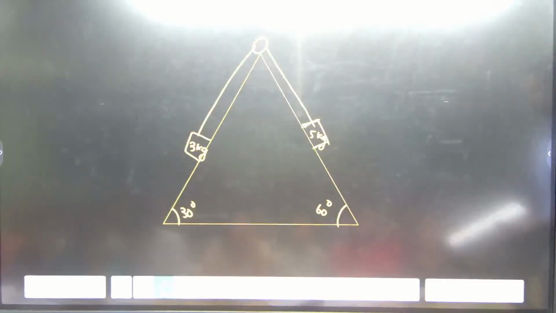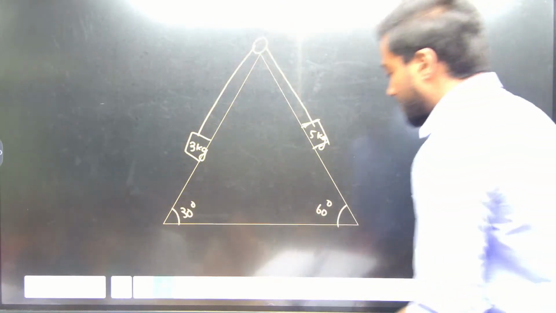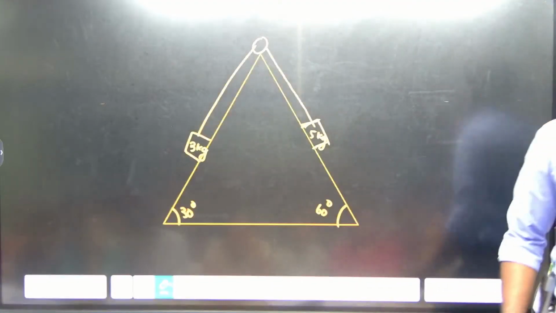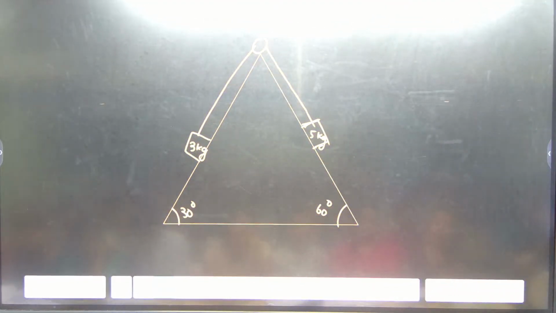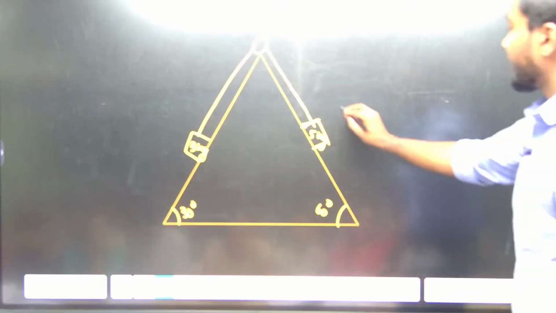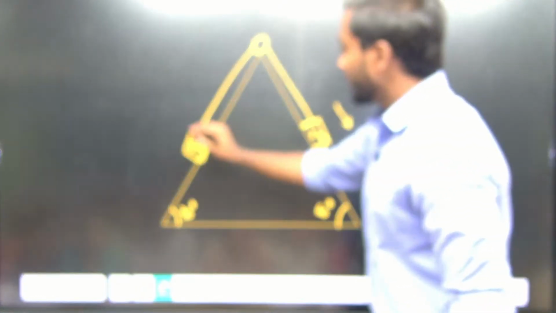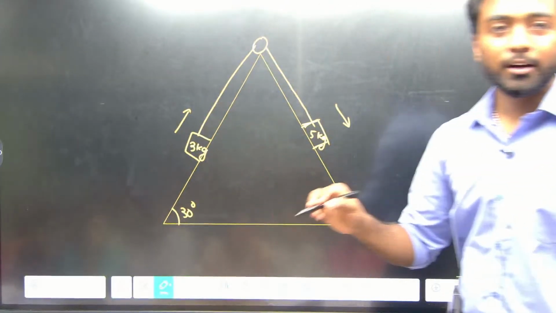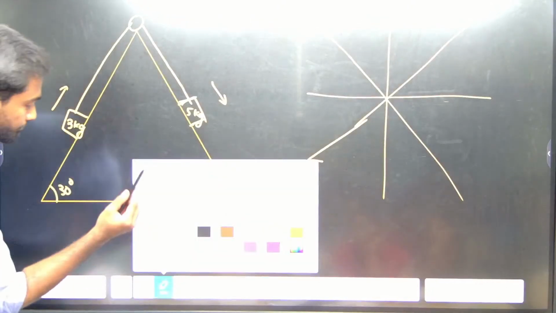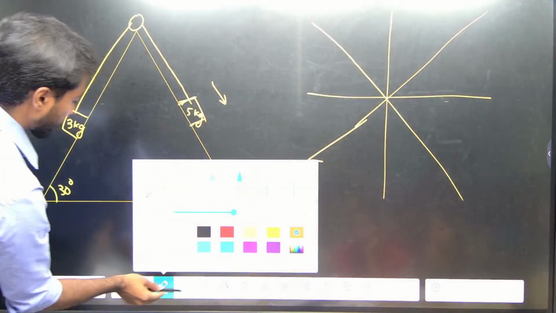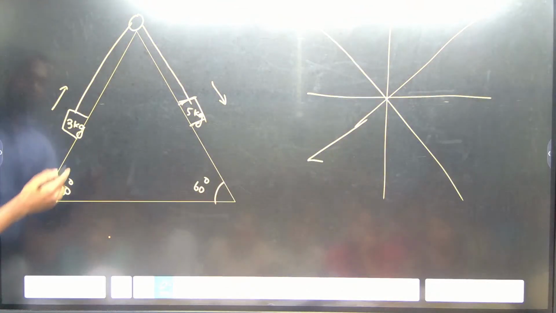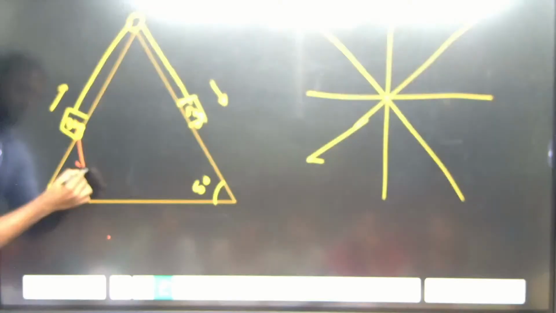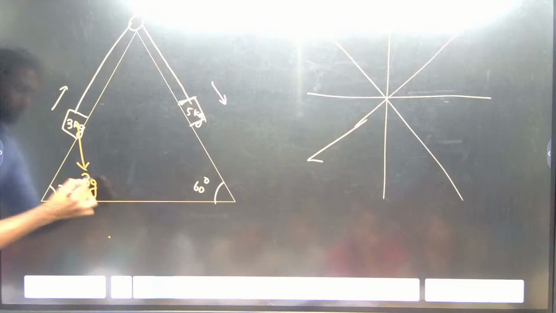So first try to assume which direction I should take the acceleration here. Where do I need to take it? This side. If it is going downward, what about this one? Any doubt here? So this is my mg, that is 3g, always downwards.